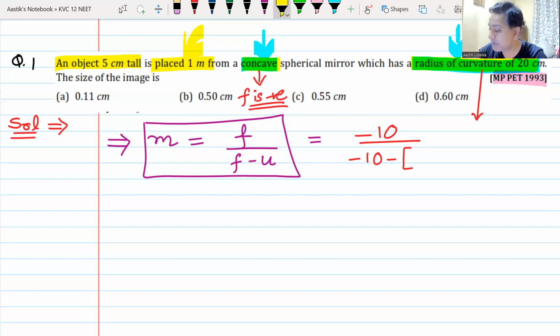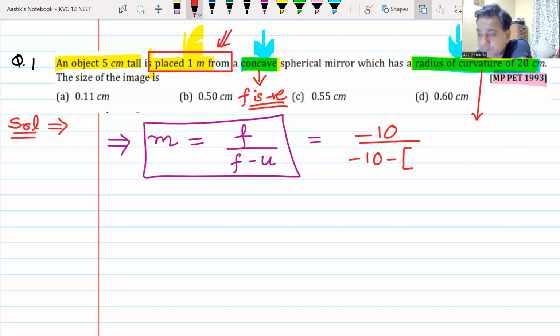Well, the value of u is it is placed 1 meter from the concave mirror. So the value of u is how much?